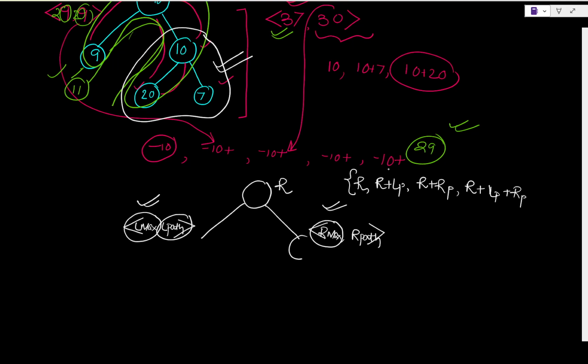That is what I am trying to say: the possibilities would be either you involve these two, or you involve only these two, or you take this single unit, or you take this entire path. Whichever is optimal from the left and right branch.